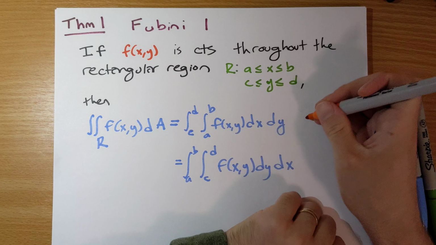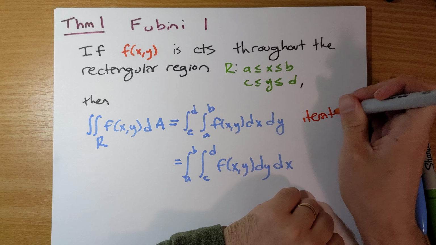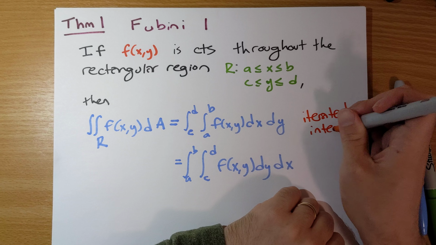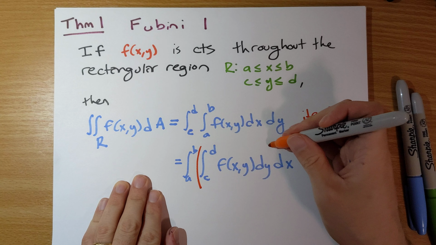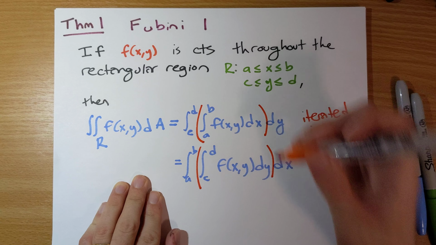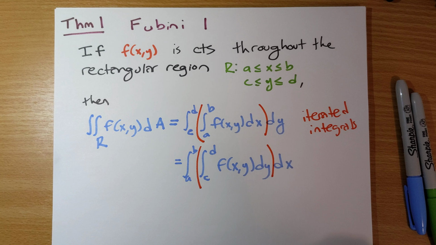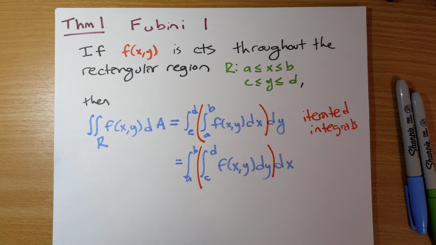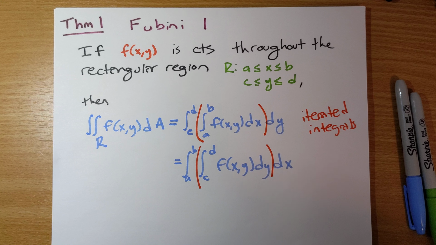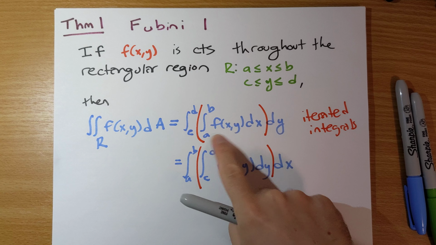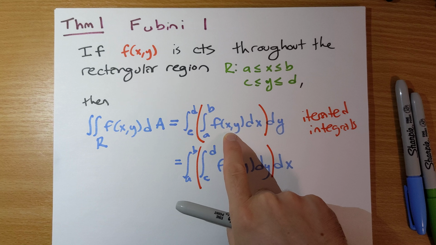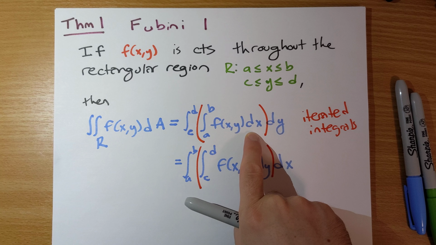Let me write that here. The idea is that we always do the inside integral first, and then we evaluate the outside integral. When we evaluate the inside integral, we're integrating a function of x y with respect to x.